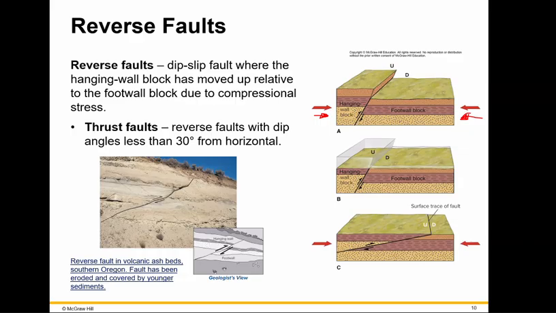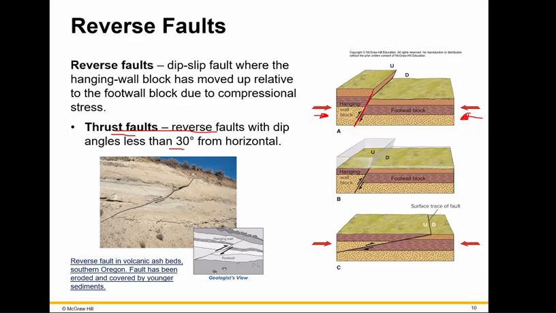And then we have a variation of that called a thrust fault. Thrust faults are reverse faults whose dip angle is less than what? 30 degrees on the horizontal. So this is a reverse fault, and you can see this fault here is at a high angle.